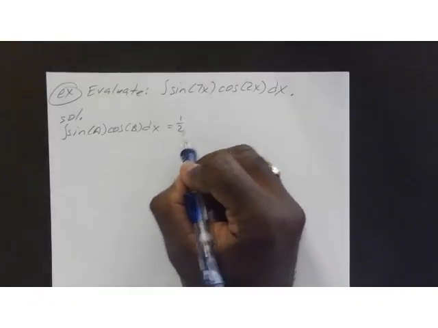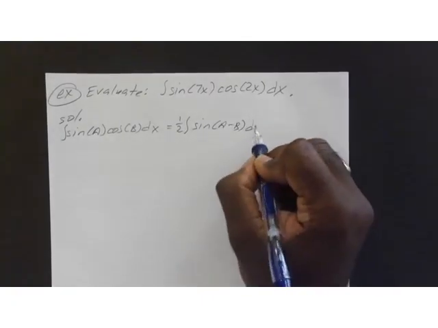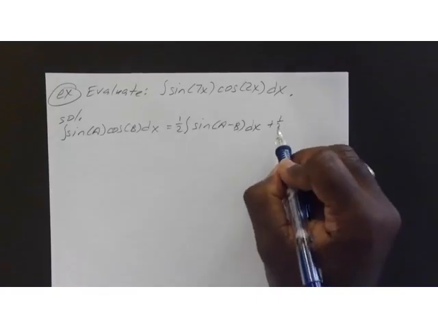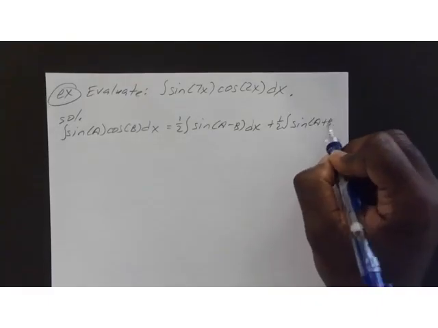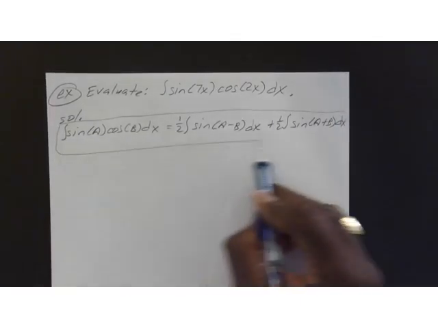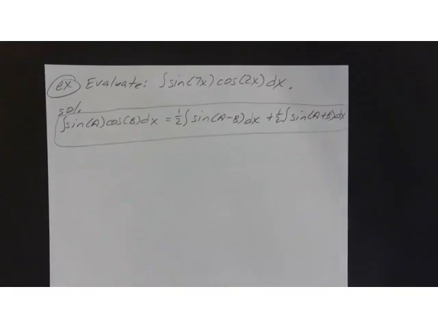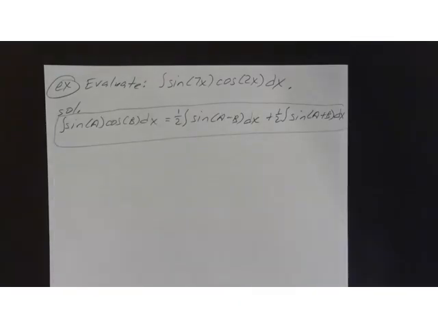We know that's equal to 1/2 times the integral sine of a minus b with respect to x, plus 1/2 times the integral sine of a plus b with respect to x. Right, so all we did was pick our combination and integrate both sides, which was this one here. Or integrate each term. Easier way to think about it.